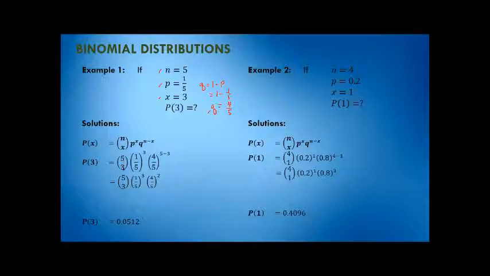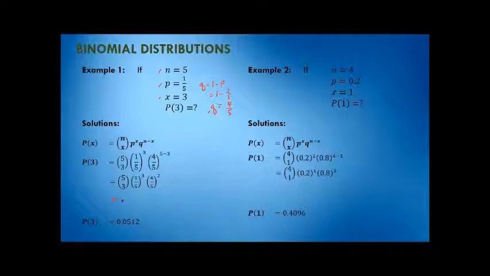So, ibig sabihin yan, combination of 5 taken 3 at a time times 1/5 raised to 3 times q, which is 4/5, raised to 5 minus 3, which is 2. Simplify natin. Again, this is the combination of 5 taken 3 at a time times 1/5 raised to 3 times 4/5 raised to 2 because 5 minus 3 is 2.